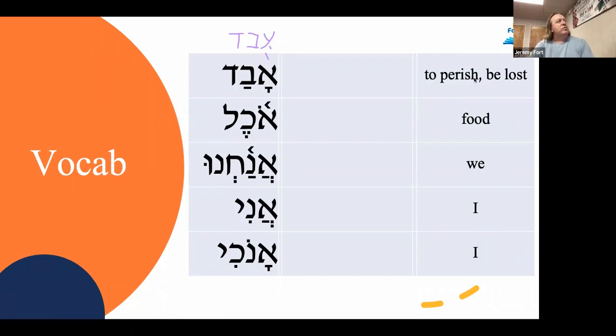Avad, to perish, he perished or he was lost. Would your first professor pronounce those differently? Yes, he would. One would be avad, and the other one would be apvad. The aleph is a stop, and the ayin is the glottal coming way deep.